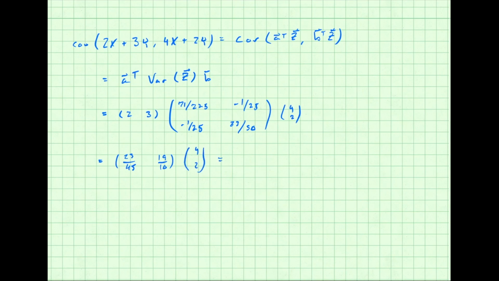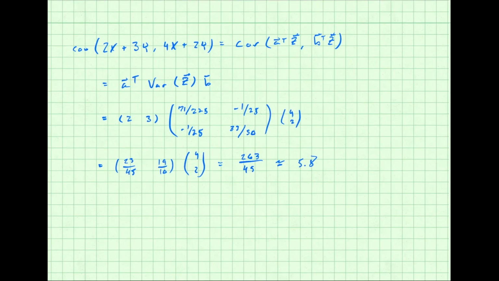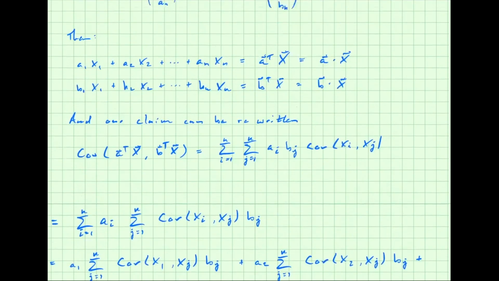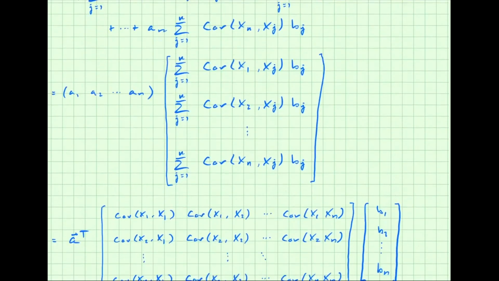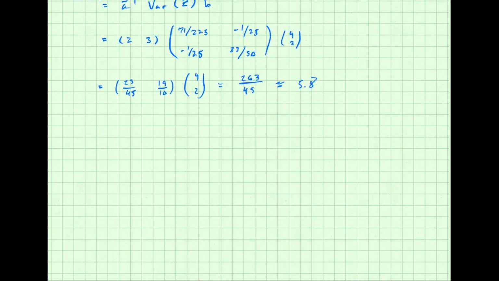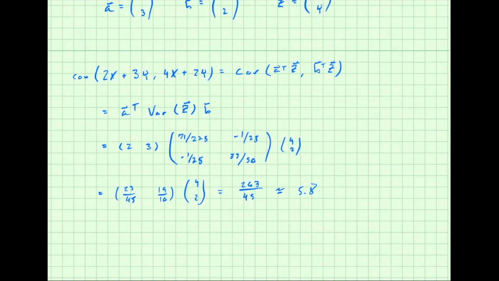If you put those through and do this dot product, or matrix product, you get 263 over 45, or rather 5.8. That's what it is, right? 5.8. I lost track. Go back there, way back there, yeah. It comes out right, is what I was trying to say. So that's a cleaner, simpler way to do it, just like that.